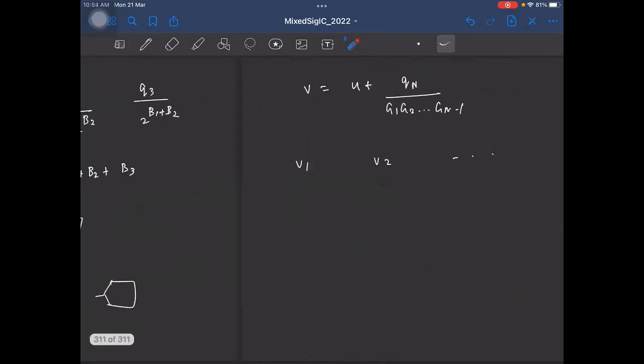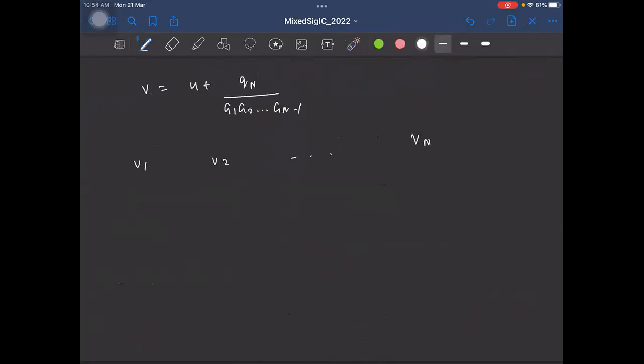So how do you think for an n-step converter it will look like? Okay, is that fine? So V1 plus V2 by the gain it sees before, plus V3 by the overall gain it sees before, G1 G2, plus till last, Vn by G1 G2 till Gn minus 1.